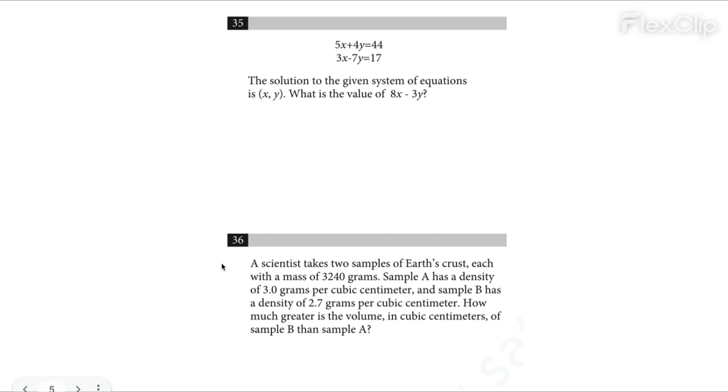All right, next one. A scientist takes 2 samples from the Earth's crust, each with a mass of that. Sample A has a density of 3.0 grams per cubic centimeter. Sample B has a density of 2.7 grams per cubic centimeter. How much greater is the volume in cubic centimeters of sample B than sample A? Okay.